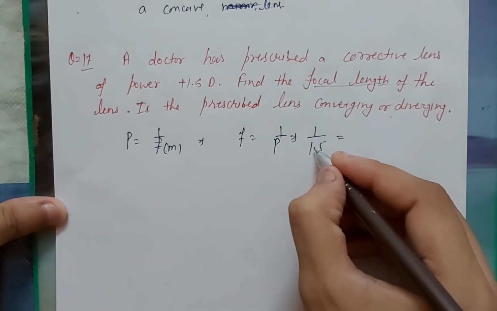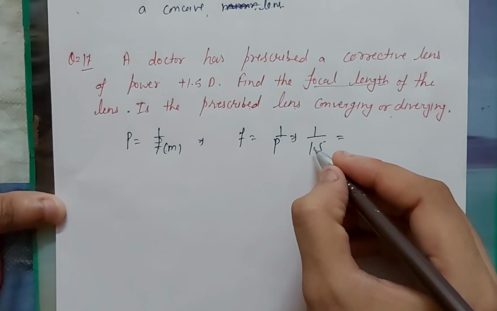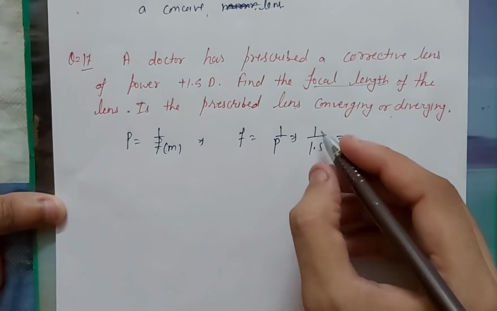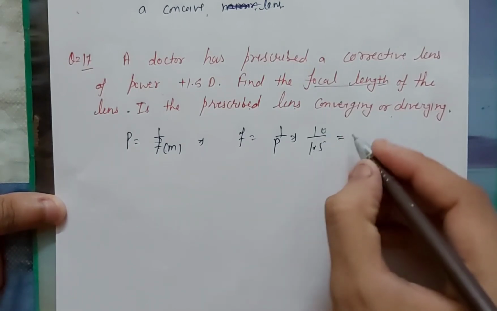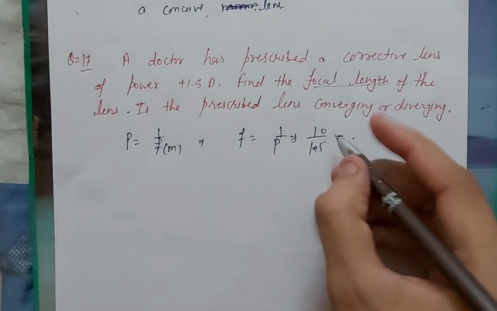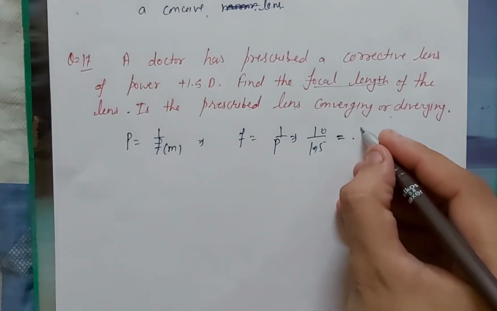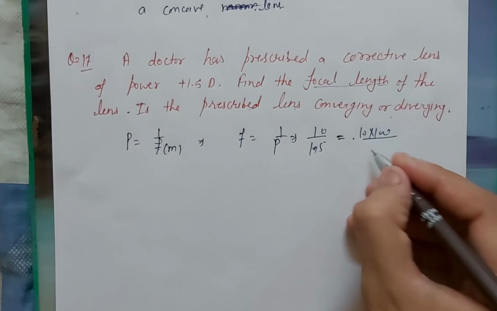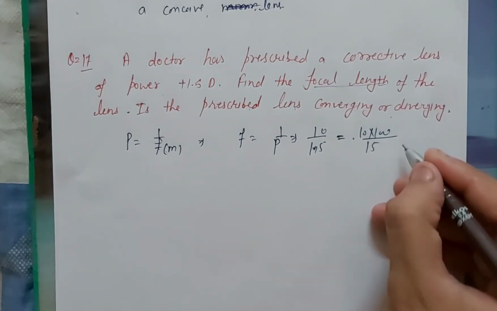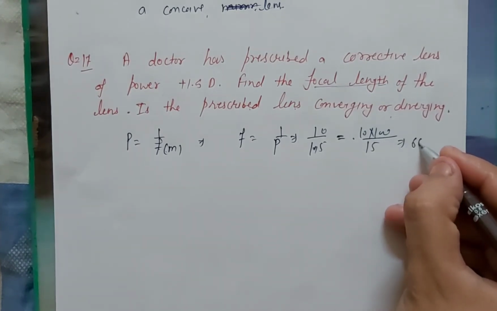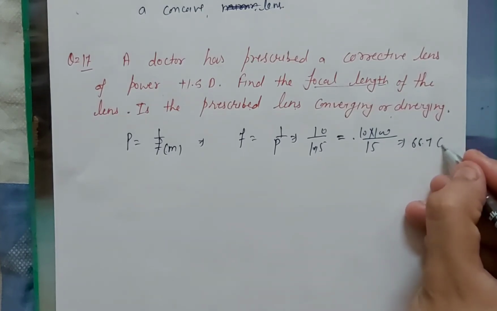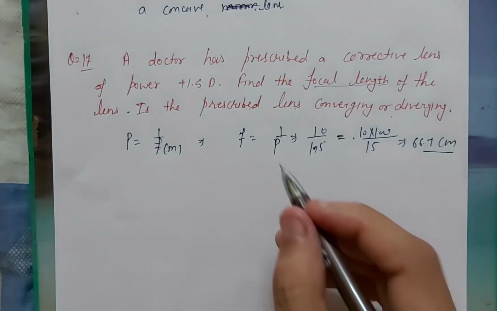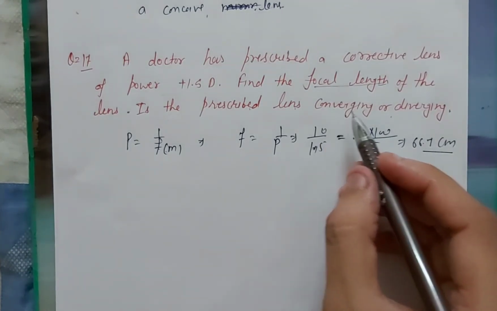So cut this point. When we cut this, if we want to find out the answer in centimeter, then we can multiply by 100. So the answer will come 66.7 centimeter.